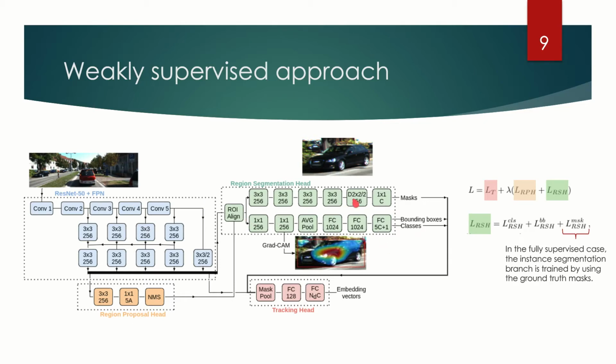Each task is learned via its corresponding loss. In the fully supervised case, the instance segmentation branch is trained by using the ground truth masks with a cross-entropy loss. This is the loss for classification, detection, and instance segmentation.